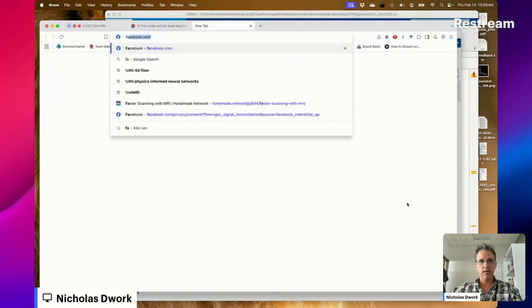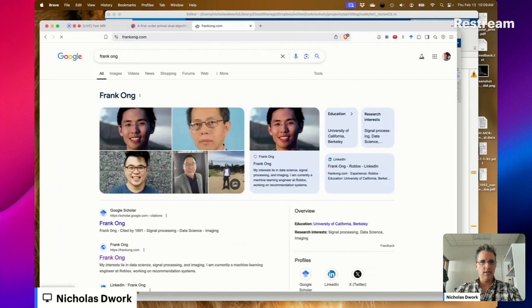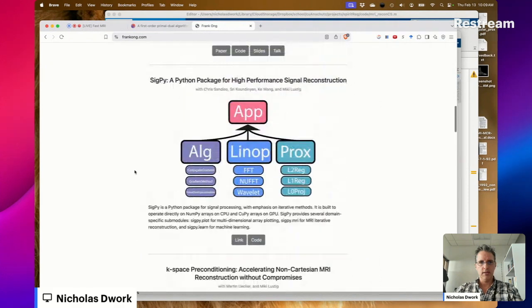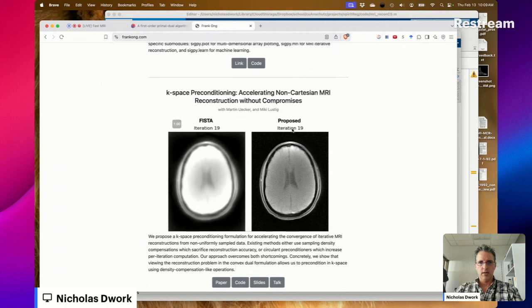Frank Ong has this preconditioning, what is that? SigPi? This is FISTA and this is proposed.